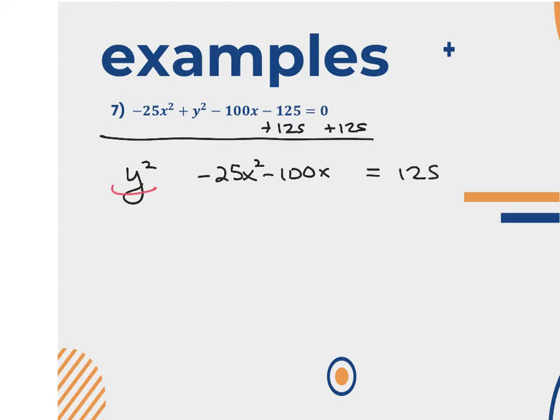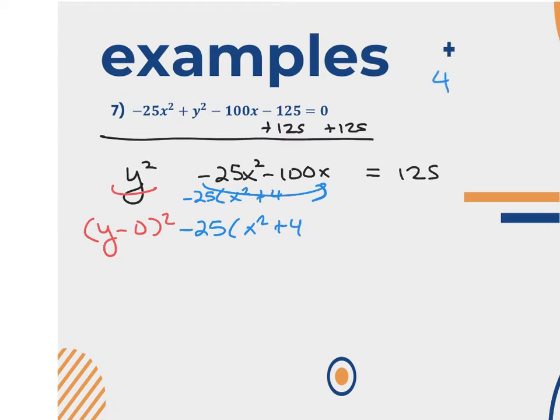So I need to complete the square here and here. For the y, there is no b, so this will actually simplify into y minus 0 squared. For the blue, I can factor out a GCF of negative 25 x plus 4. And I need to leave a blank space. So in here, negative 25 x squared plus 4.